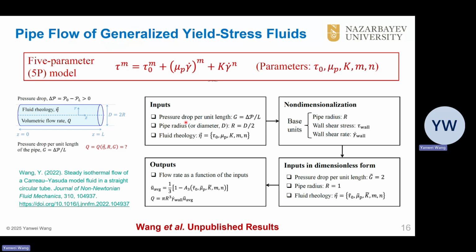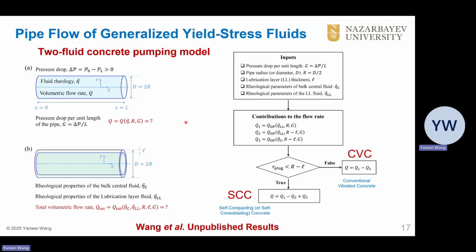With this result, we can combine it with our two-fluid model, and then we can derive expressions for the flow rate pressure relation, where we can describe both the bulk concrete and also the lubrication layer using this generalized yield stress fluid model.